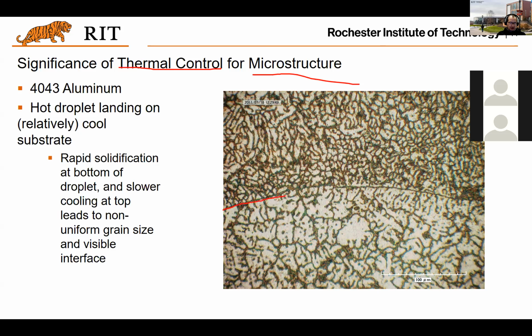As you can see here, this shows a very clear interface for the grains. And that is because of the sequence of the solidification, right? So in that sense, you do not want to generate such kind of an interface, because usually this kind of interface will be the weak point for the structure.